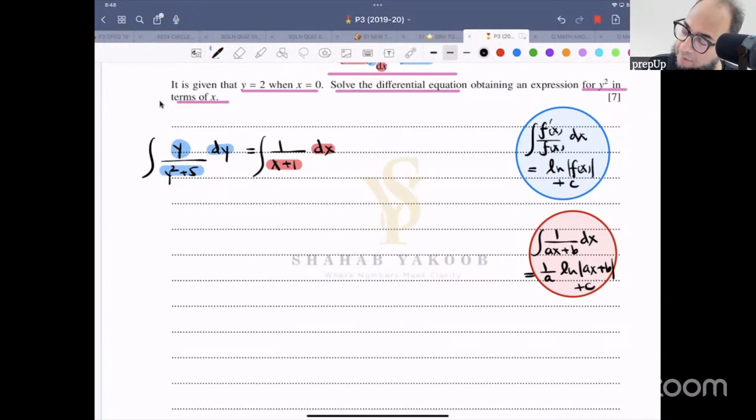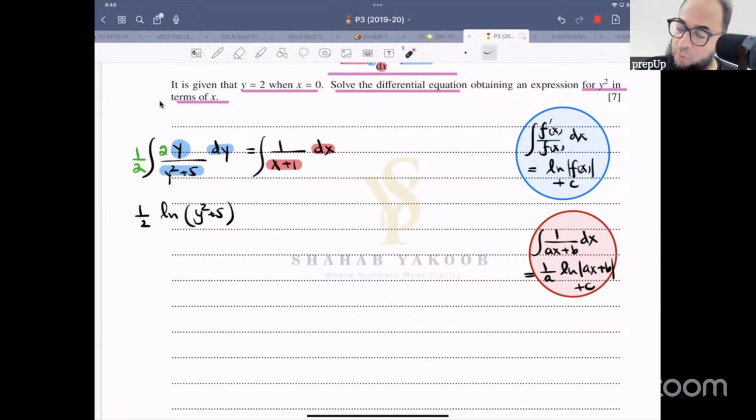So now over here, what is missing? A 2 is missing. Balance it out with a half, because when you multiply and divide, this is only applicable for a constant only. So this thing follows this rule. Therefore, this is half ln y squared plus 5.